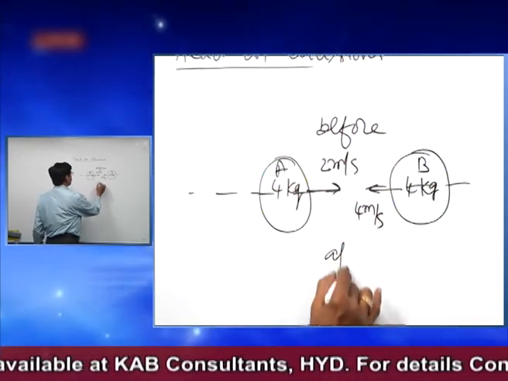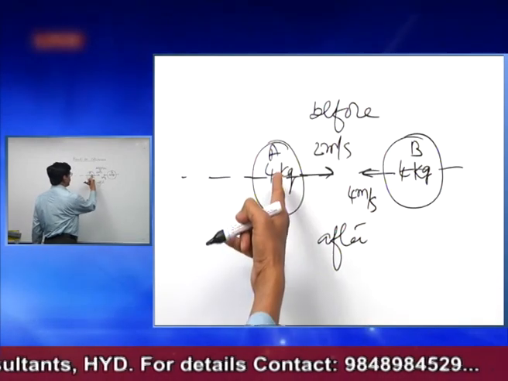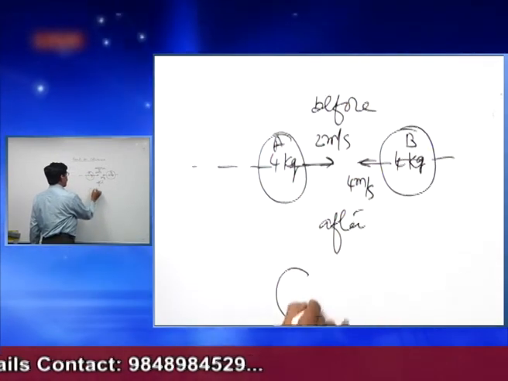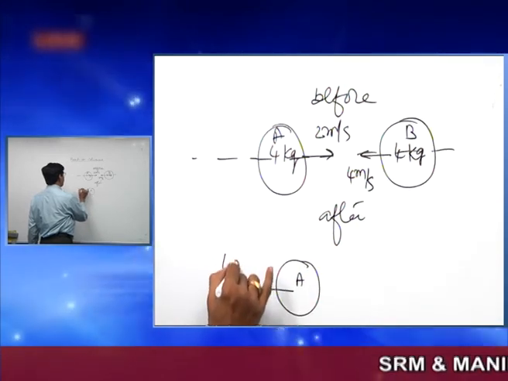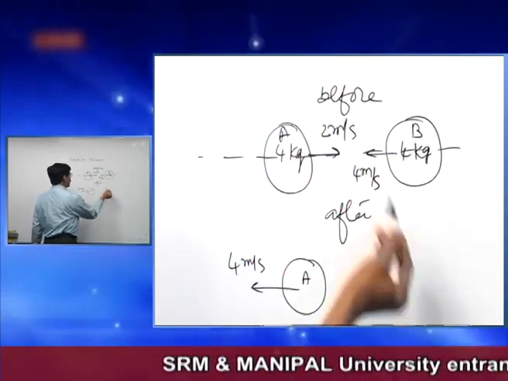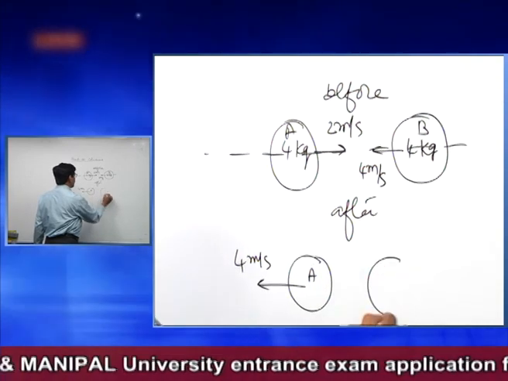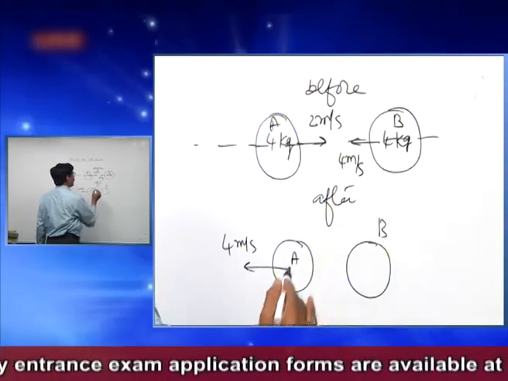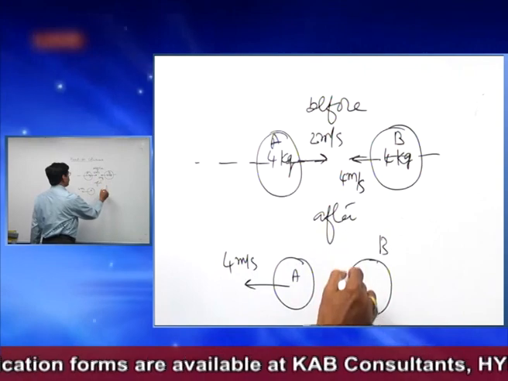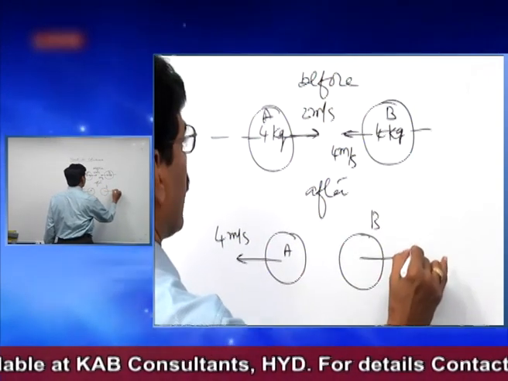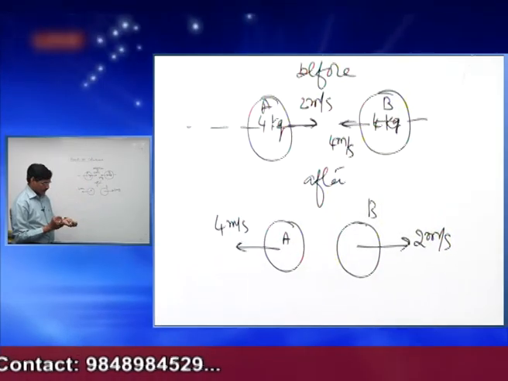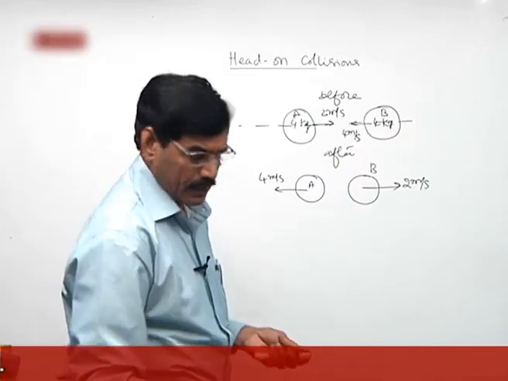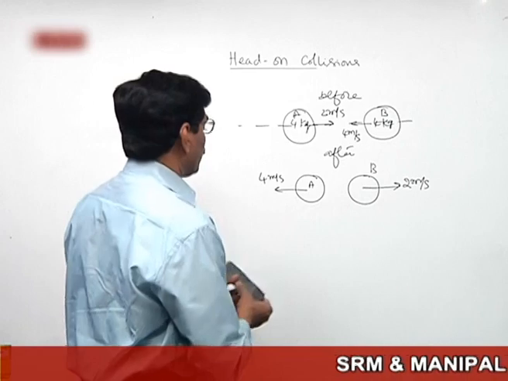Then after collision, we can straight away write that body A now starts moving towards left with 4 meters per second. The ball B, which was moving towards left, will now move towards right with 2 meters per second. Simply exchange of velocities. That is about the head-on elastic collision.